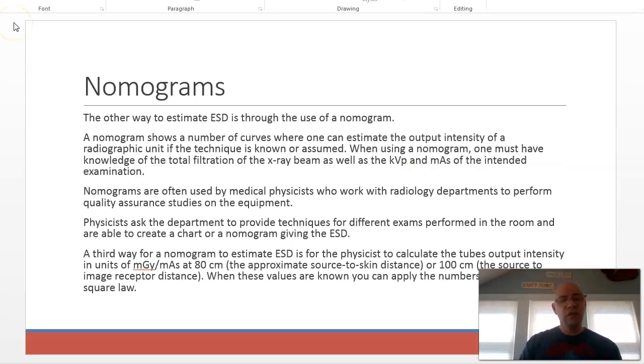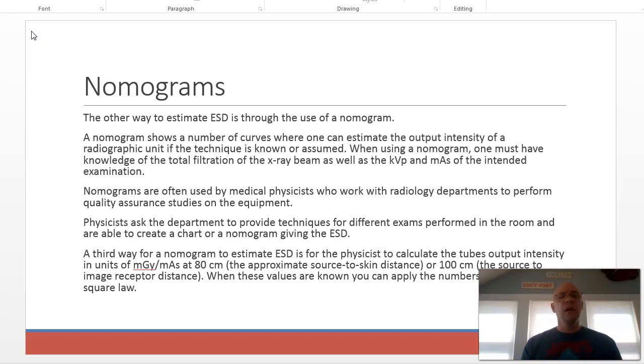So to determine a patient's skin dose, or entrance skin dose, we can use these basic charts that give us a ballpark of what the entrance skin dose is. Those charts are called nomograms, and I'm going to show you a couple of examples in a second.